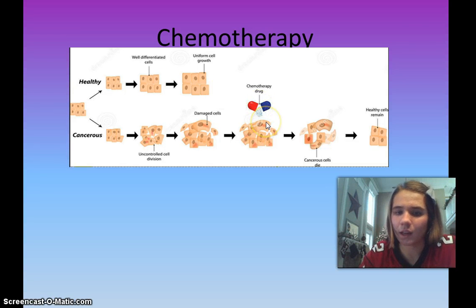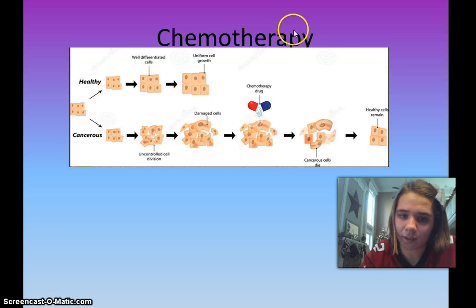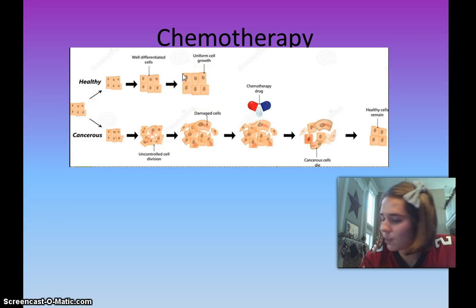Chemotherapy is when you basically release a poison into the body that tries to kill cells that are actively dividing. And chemotherapy can be effective, but a problem is it attacks basically any actively dividing cell, so that includes healthy cells too, and that's why you see cancer patients undergoing chemotherapy get sick and lose their hair and all of the negative side effects of it.